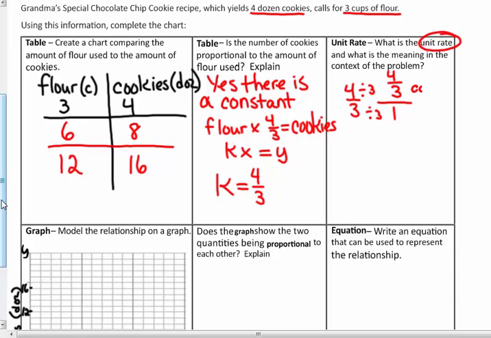For every 1 1/3 dozen cookies, I need 1 cup of flour. So what is the meaning in the context? That's exactly what it means. So for every 4/3, or if I reduce that, 1 1/3 dozen cookies will yield per 1 cup of flour.